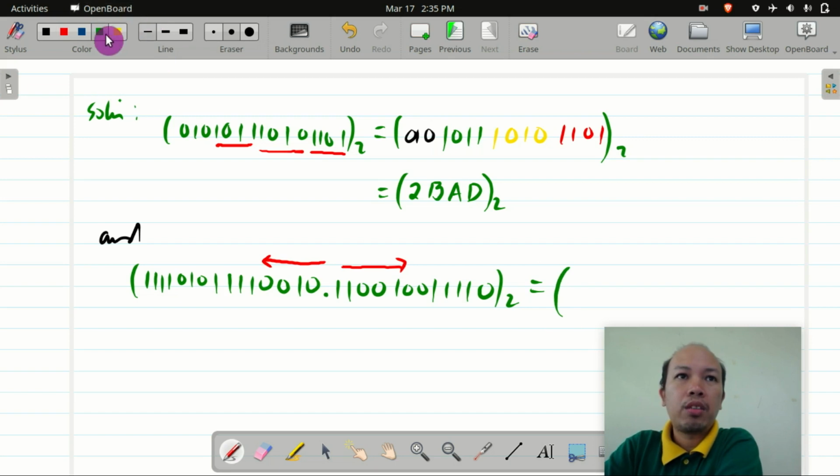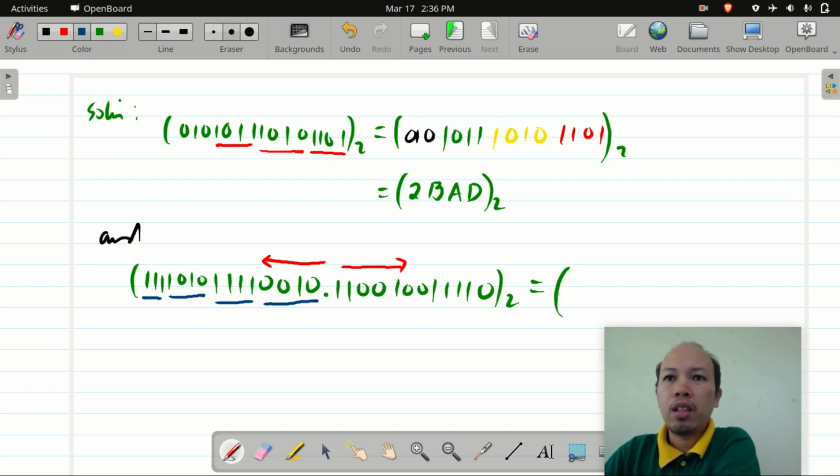Let's try to group it. First is group this one, and then this one here, and then here. We have 3 ones here, so we will group this as 1, 1, 1.